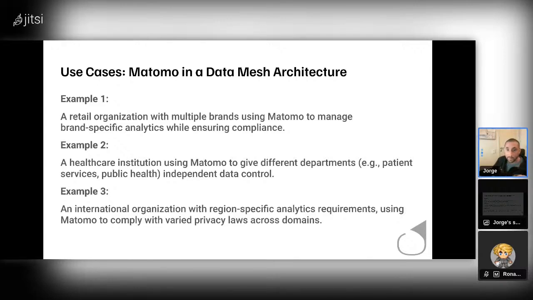For a data mesh approach that uses data virtualization to access and query data across decentralized systems without centralizing it, there's a couple of options.